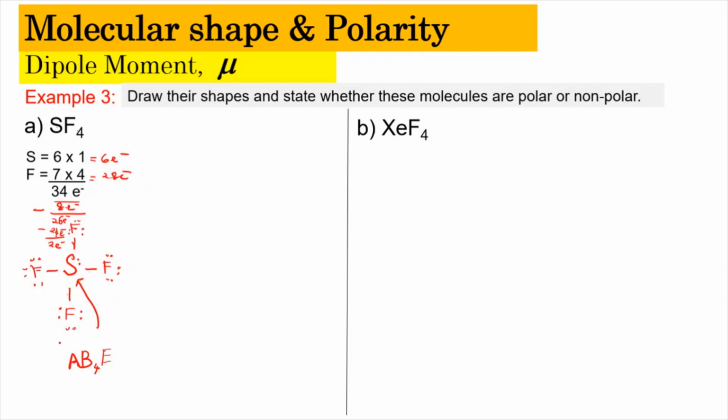When we have the class of the molecule to be AB4E, then we know that it is a seesaw shape. So we need to draw it correctly according to VSEPR. You can draw it to be something like this.